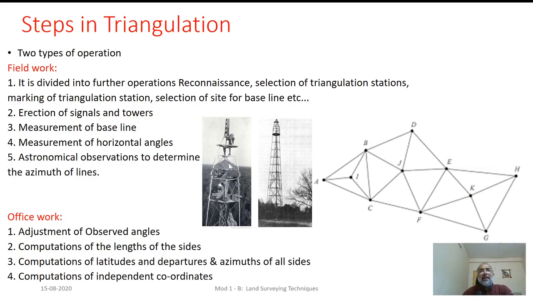In fact, the height of the tower as well as the signal would depend on the nature of the terrain lying in between the given stations, as well as the minimum clearance that is required over the terrain prevailing between these two stations. So, the signal is meant as a device along with the structure in order to make the station visible.